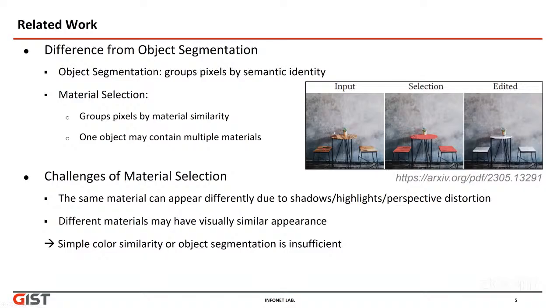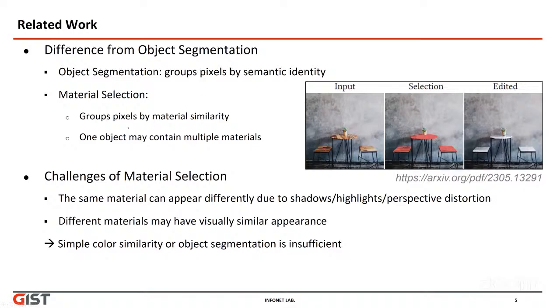So if you select this wood-like pattern on the table, and this small red thing on the chair, the algorithm will think this one and this one are made out of the same material, so they are selected, and then you can change it into, like, white marble or the like.